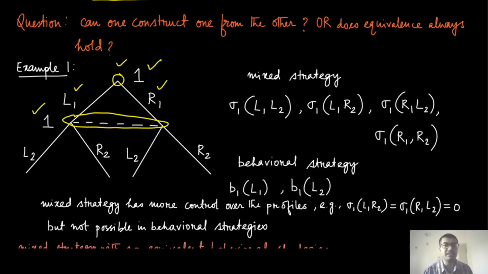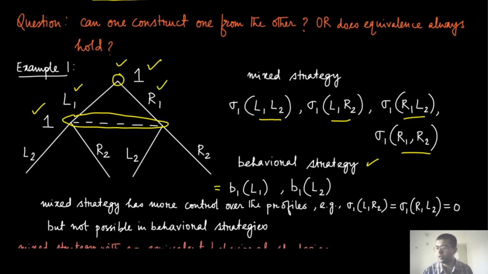So what is the set of mixed strategies here? Of course, it is going to randomize over L1 L2, L1 R2, R1 L2, and R1 R2. These are the 4 possible pure strategies. The mixed strategy will be a probability distribution over those pure strategies. Now, if you look at the behavioral strategy, I am just dropping the information set from the notation, because that is clear from the context.